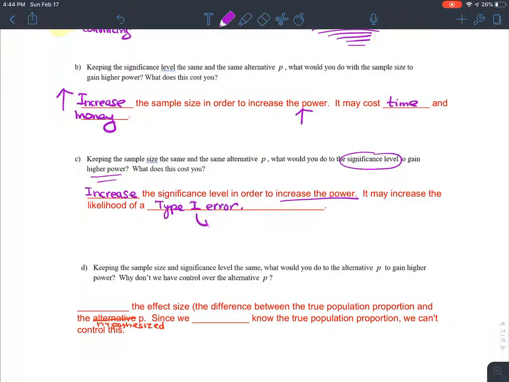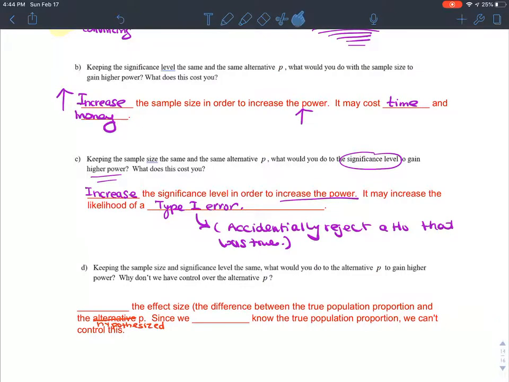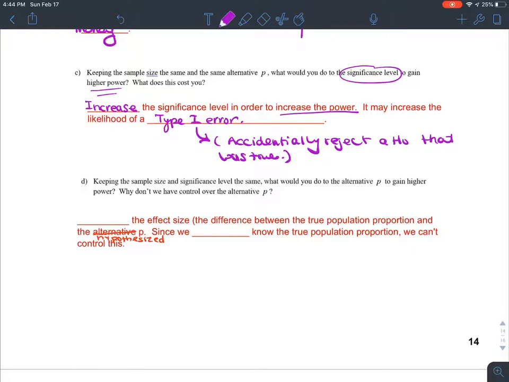Okay? Remember, a type 1 error is when you accidentally reject a null hypothesis that was true. Okay? So that's what alpha is. And so as you raise alpha, you're raising the likelihood of a type 1 error, but you're decreasing the likelihood of a type 2 error, which in effect, would increase your power.